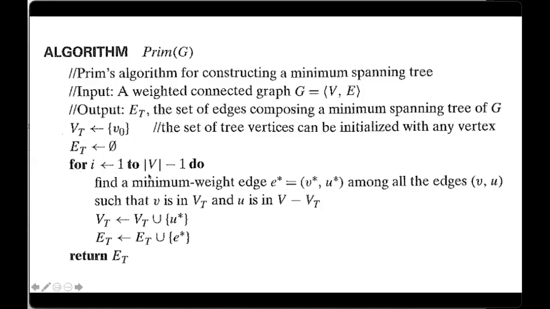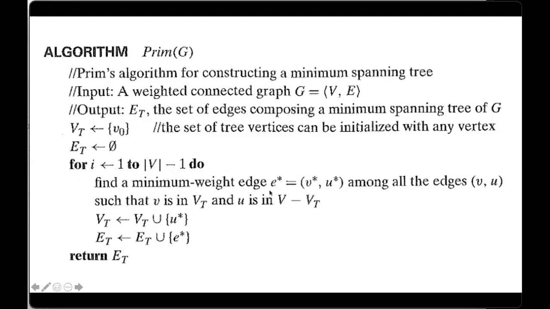For i from 1 to |V| minus 1, this loop will run total number of vertices minus 1 times. This for loop will run from 1 to the total number of vertices minus 1, because our final spanning tree should have this many edges.